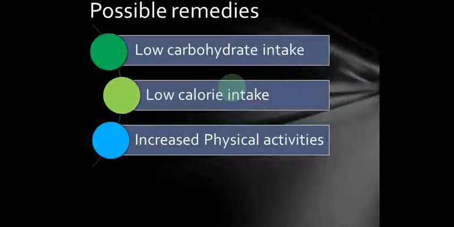Perhaps this is the most important thing that you should start with. As soon as you increase your physical activity, the calories and fat inside your body are burnt and turned into energy, and that energy is used, so there's no probability of deposition of extra fat in your body.